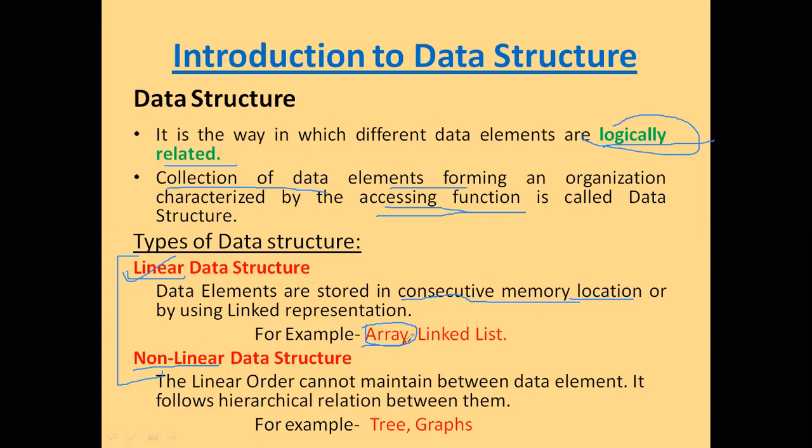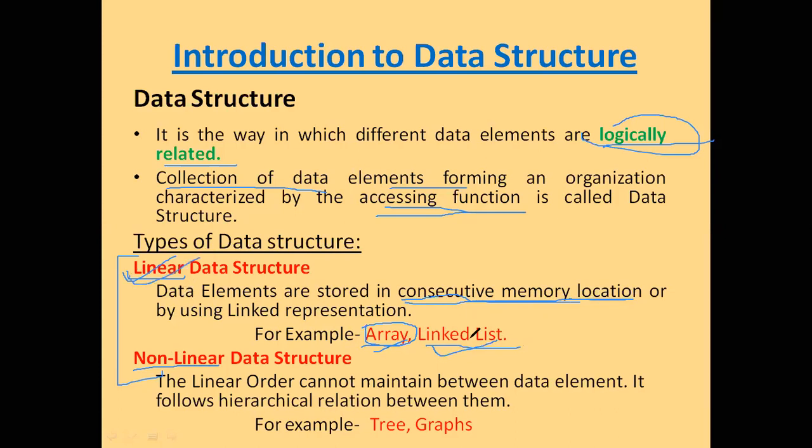So we have two types of structure that we are going to study in this chapter: arrays and linked list. The linked list is also a linear data structure, but it does not use consecutive memory locations.